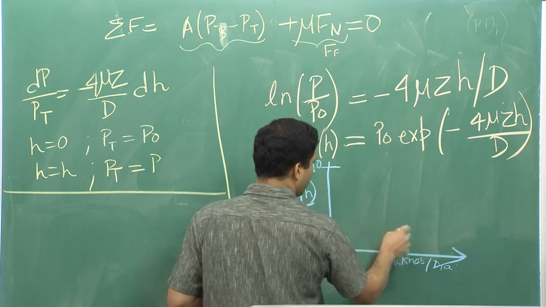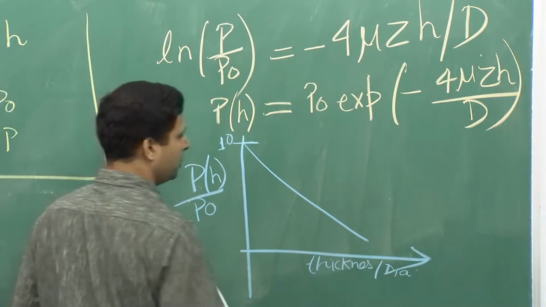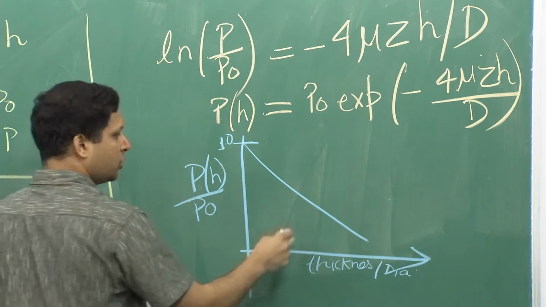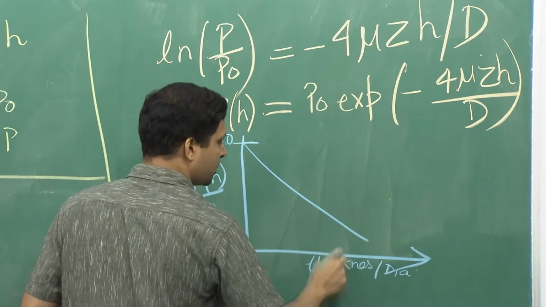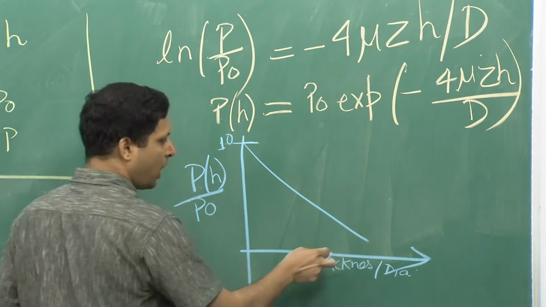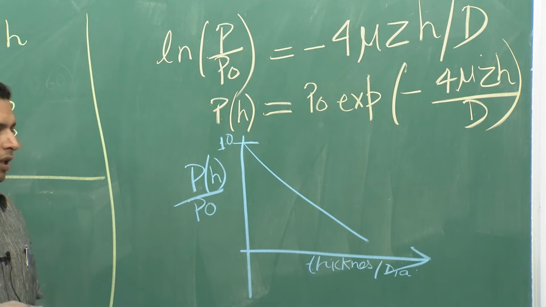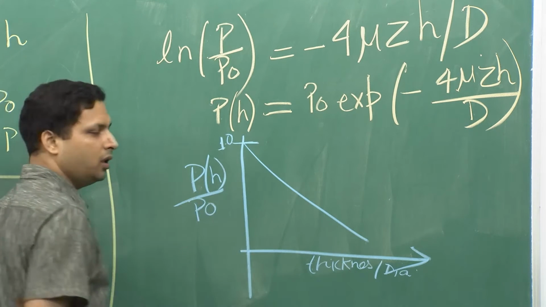As you keep going, you would expect it to decrease exponentially, and you would see something like this. So, your pressure is continuously decreasing. Not only that, it also says that if you have a much thicker sample, a much thicker material, then the pressure difference will be large.